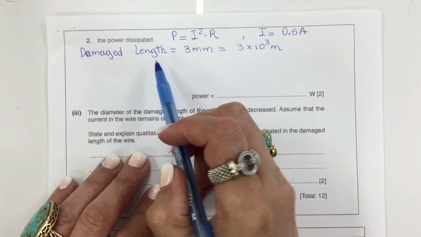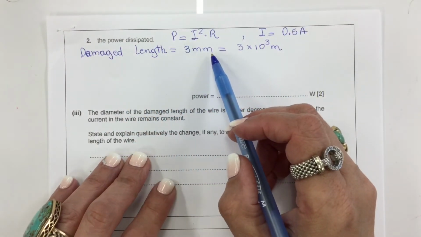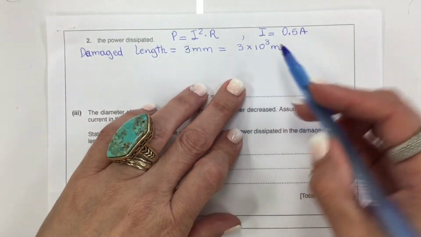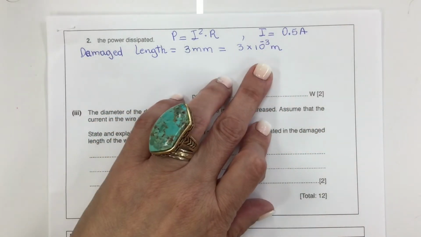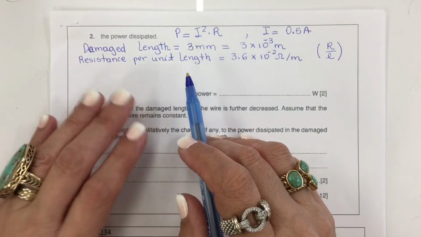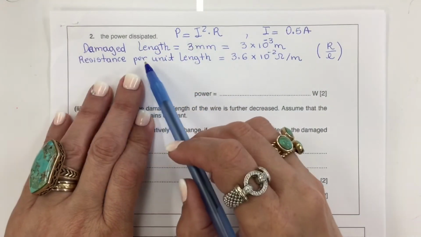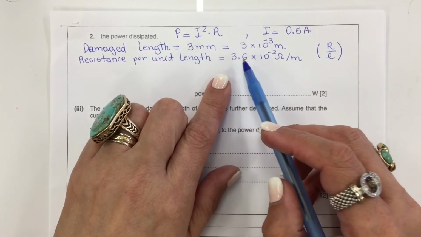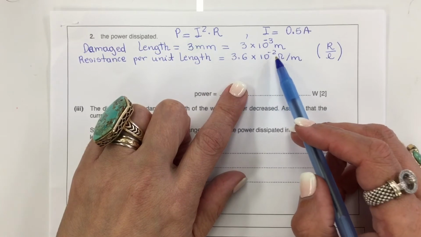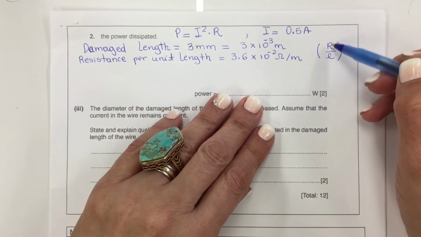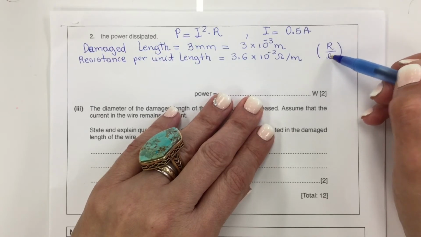So we are using this value. The damaged length is 3 millimeters. So I'm using the milli as a multiplier, which is 10 to the negative 3 meter. Another piece of information that we need from this question is the resistance per unit length for the damaged section, which is 3.6 times 10 to the negative 2 ohms per meter, which is this fraction right here, resistance per length.